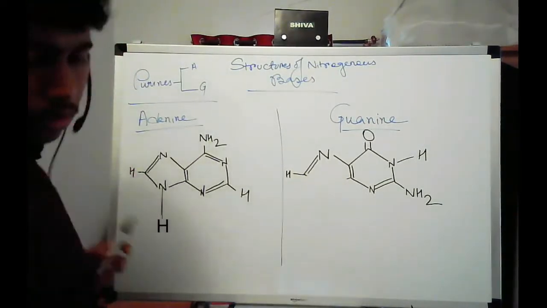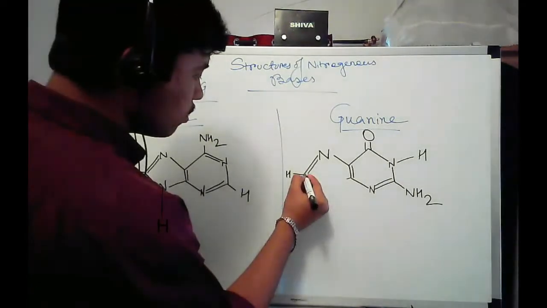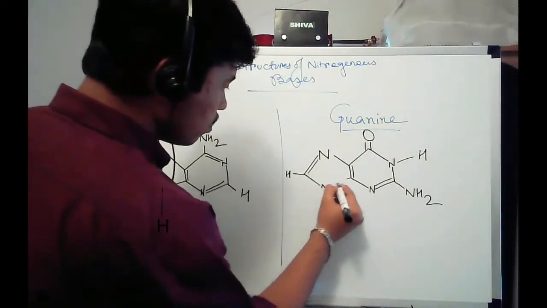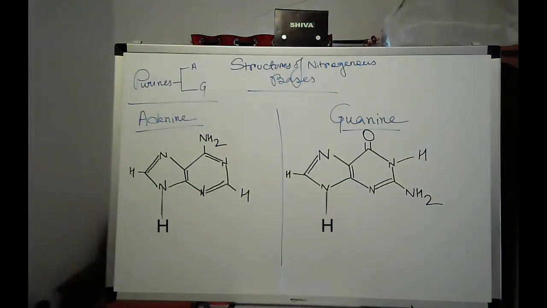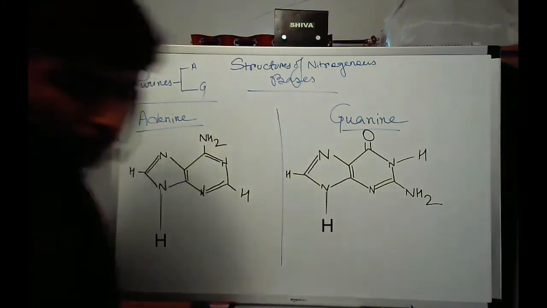This one has to look symmetrical a bit. So these were the structures of the two purines we had. Copy it down, please. Okay, erasing it out now.